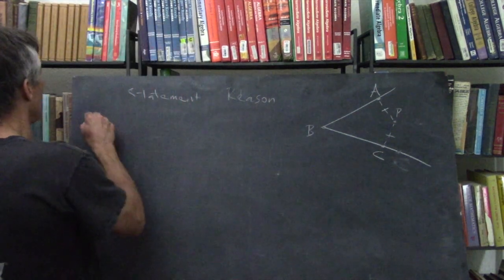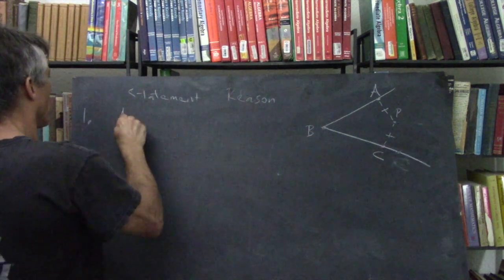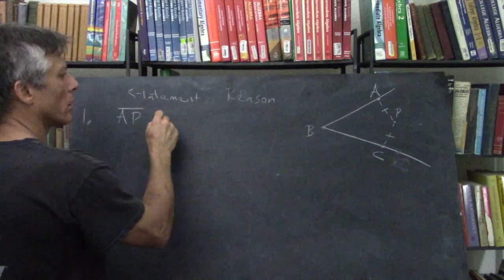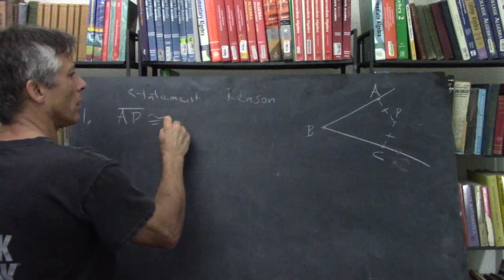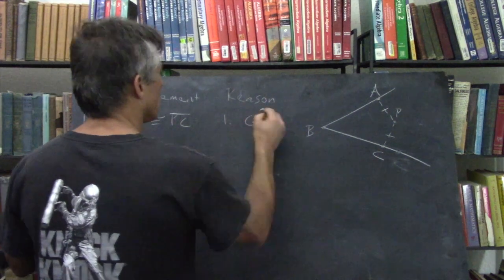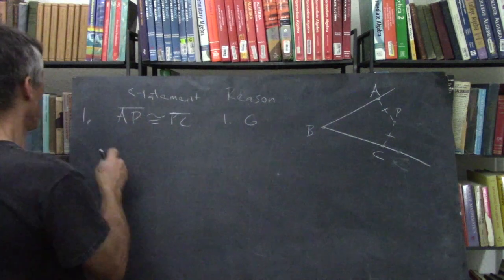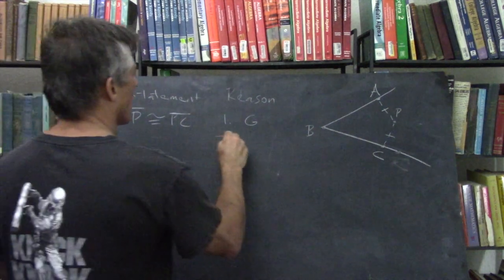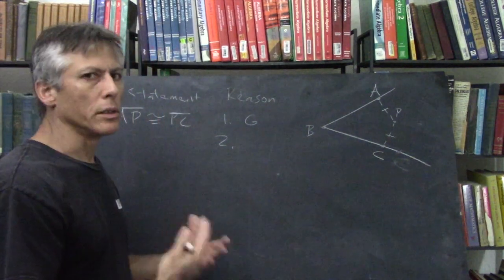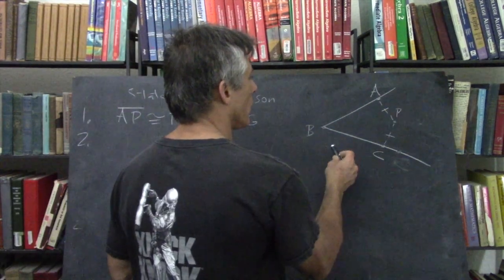So, as always, let's put down our given. AP congruent to PC, given. And then, as usual, we want to try to find some triangles to show that these are congruent. So we've got to make some.